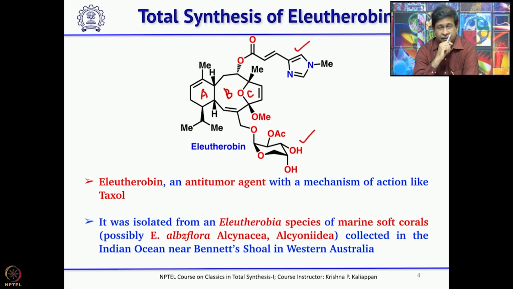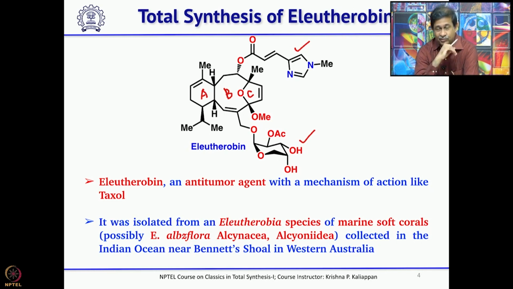The second most important thing about this particular molecule is that since it was isolated from marine soft corals, particularly in a very sensitive region, you cannot go back and isolate more of them.